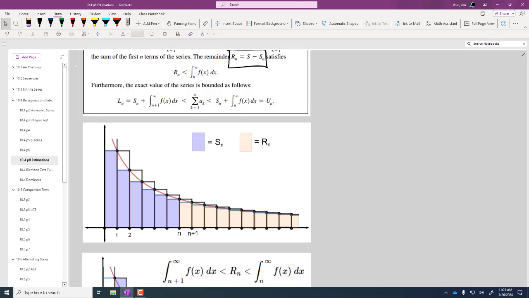I'm going to draw them to the right here. So there's S sub 1, S sub 2 is the first two, S sub 3, etc. There's S sub n. So the blue rectangles all added together, that's S sub n. R sub n is then the rest of the rectangles. So R sub n is going to be the beige rectangles out there.